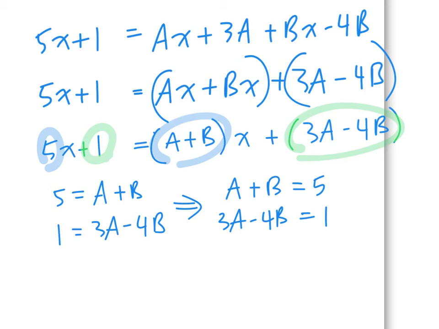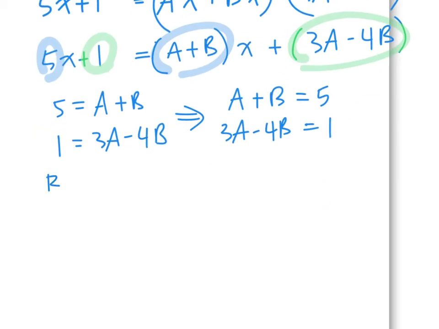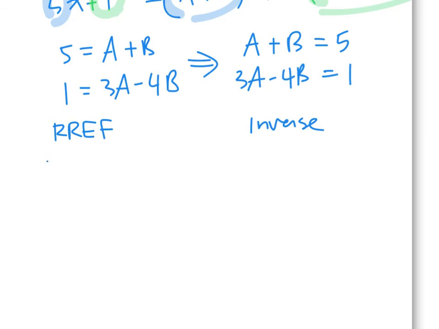RREF is kind of better. Yes, RREF, so that's one way. What's the other way? Inverse. Yes, inverse matrix. So I'm going to set both up for you, and you can decide which one you want to do. If you do RREF, you have 1, 1, 5, 3, negative 4, 1, and you're trying to get to 1, 0, 0, 1.